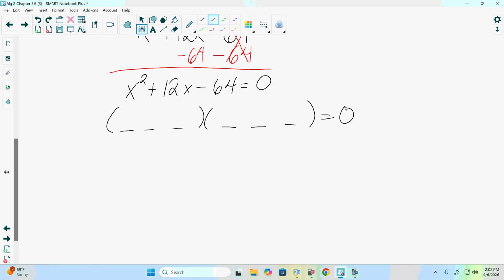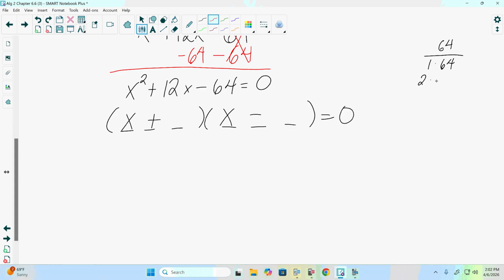Since the 3rd term is negative, our signs are indeed opposite. Now we need to find the factors of the 1st and 3rd term. Well, our factors of x squared are x and x. Now factors of 64.